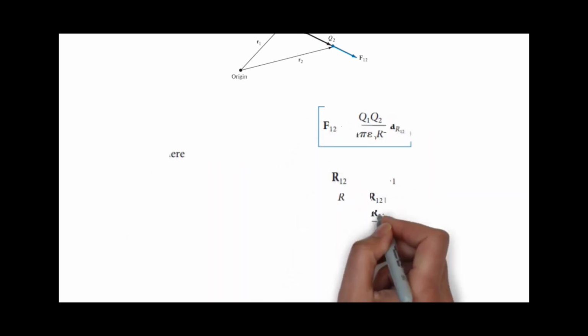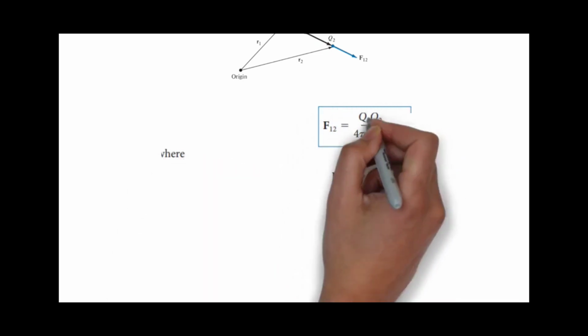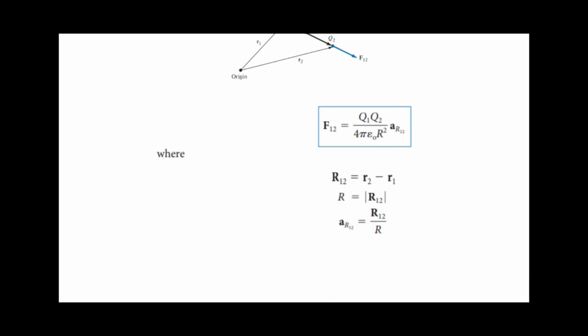According to Coulomb's law, the force on charge q2 due to q1, represented by F12, will be equal to q1 q2 divided by 4 pi epsilon naught r square multiplied by the unit vector aR12. Here R12 is the difference of position vectors R2 minus R1, and R is the distance between these two charges, where R is equal to the magnitude of R12, and the unit vector aR12 is equal to vector R12 divided by its magnitude.